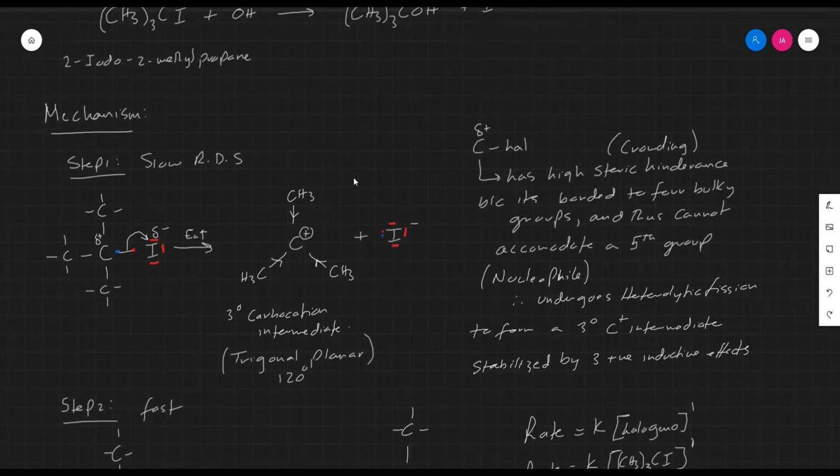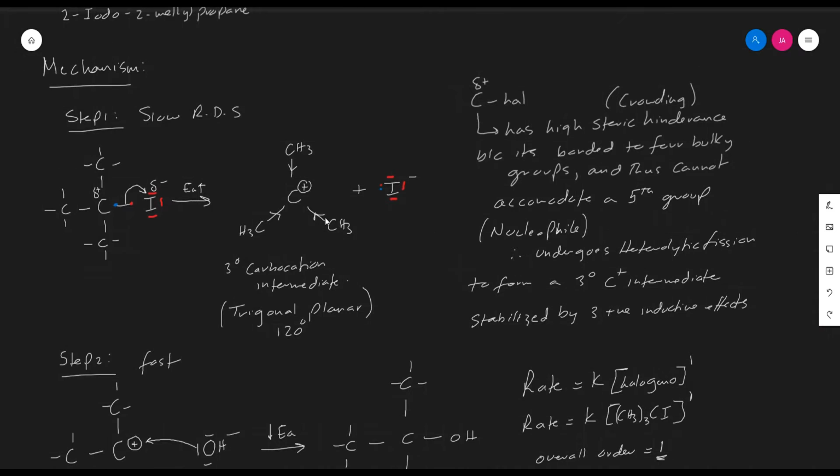The mechanism, as stated previously, involves two steps. Step 1 is the rate determining step, the slow step, which involves the formation of the unstable carbocation intermediate. If we have a look at the molecule of 2-iodo-2-methylpropane and focus on the carbon atom bonded to the halogen, the iodine atom, with a partially positive charge, we would notice that in this case it's surrounded by four bulky groups, three methyl groups and one large iodine atom.